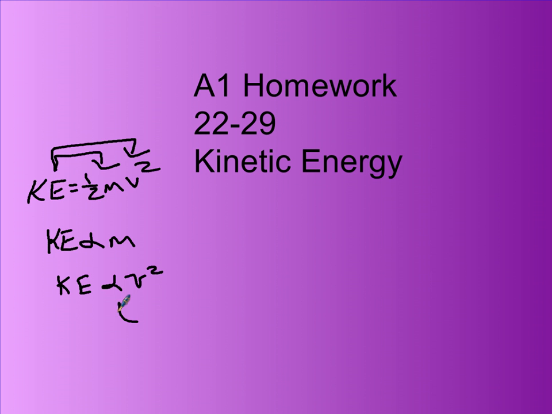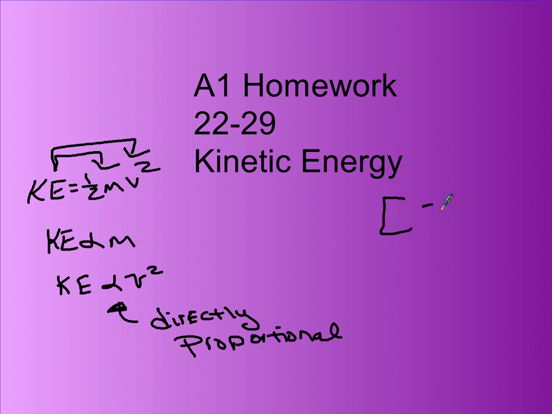This little alpha sign right here is directly proportional. Now the units we're always going to use for energy are joules. Remember, kinetic energy is the energy of motion. If velocity is 0, we have 0 kinetic energy.